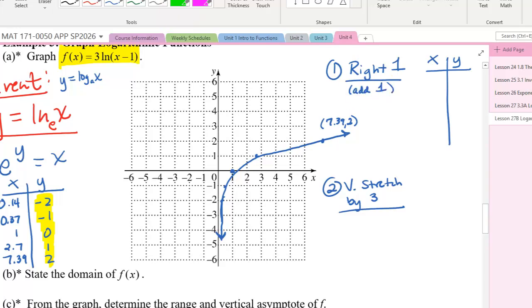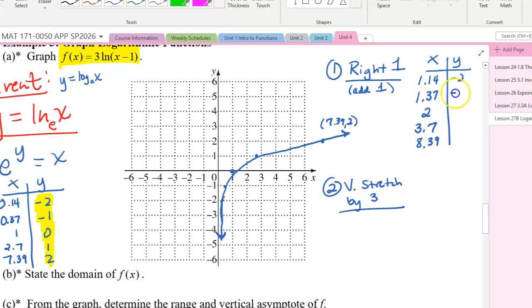So 0.14 plus 1 would be 1.14. 0.37 plus 1 would be 1.37. 1 plus 1 is 2. 2.71 plus 1 would be 3.71. And 7.39 plus 1 would be 8.39.